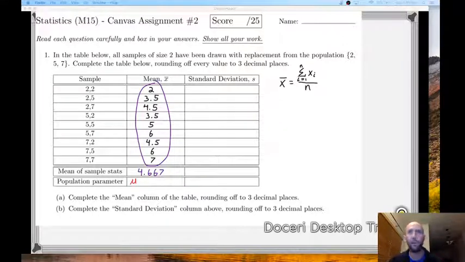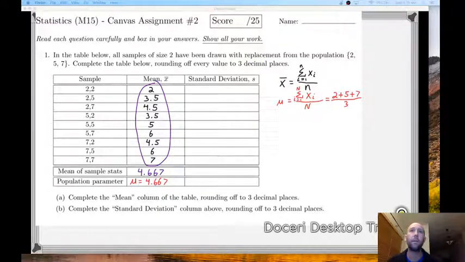The population parameter here is mu instead of x bar. X bar goes for the sample, but for the population, we use mu to represent the mean. The difference is that we have our formula now using mu and capital N to represent the population size versus lowercase n, the sample size. If we add 2 plus 5 plus 7 together and divide by 3, we get 14 thirds, which is the same thing as 4.667, just rounded off to 3 decimal places.